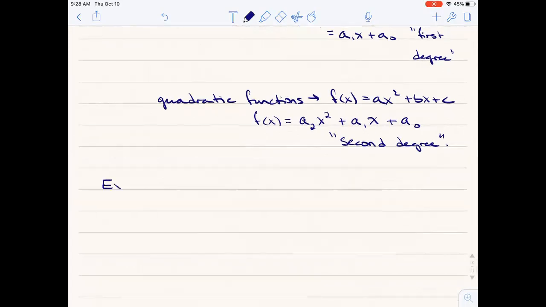How about we do an example where we're just identifying leading terms and the degree and all that kind of fun stuff.